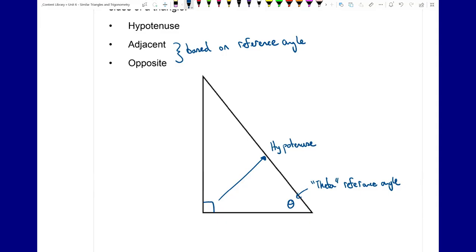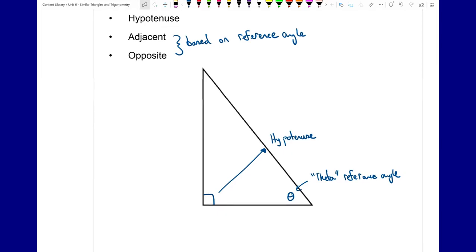Now, if this reference angle was actually up here instead, then these other two sides would change. If we think about opposite and adjacent, it relates to what we actually call them. The side that is opposite of our reference angle is called the opposite. The side that is beside our reference angle is called our adjacent.